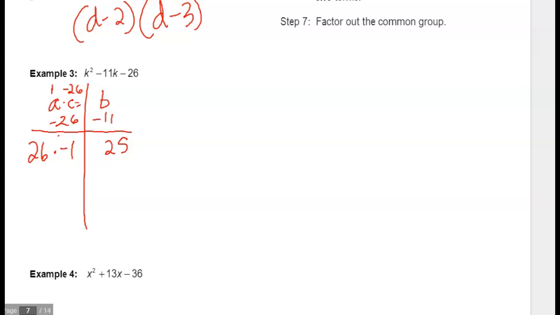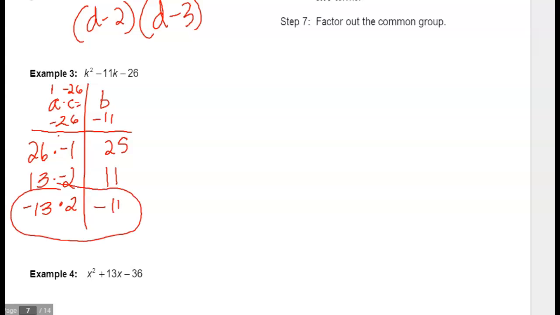If I did 13 and negative 2, they multiply to get negative 26. And they add to get a positive 11. So actually what I just need to do is flip this and do negative 13 and a positive 2. And that's going to add to the negative 11 that I'm looking for. Okay?